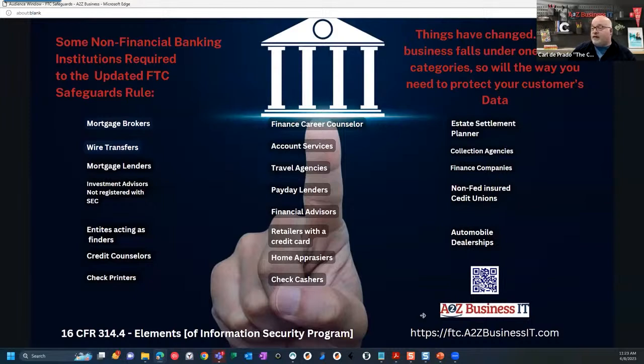You're a debt collector, you're cashing checks, you do real estate settlement, you're a real estate settlement planner. Anybody who has that type of access. You're an auto dealership. Not even auto, let's say you're a motorcycle dealership where you're selling boats, you're selling anything where they're going to be doing some type of payment plan. You could be doing mopeds, and you're going to fall under the same rules.